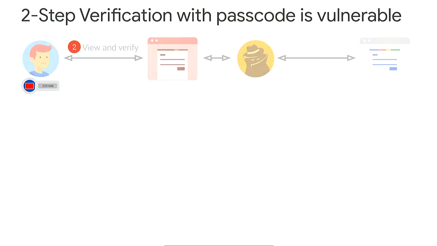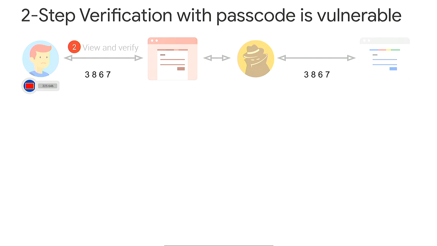The person here is trying to log into a site, the red box here, thinking it's the legitimate site on the right side, and he enters his email and password. The man in the middle does the same and logs in, and then the user enters the passcode that he has to log into the site, the man in the middle catches it, and is able to log into the legitimate site.